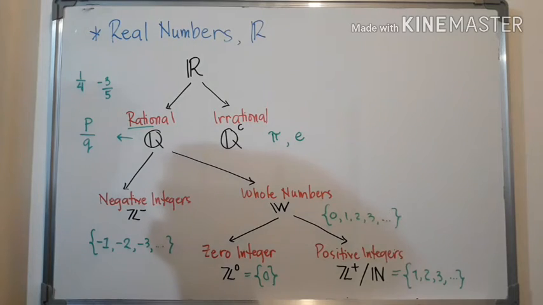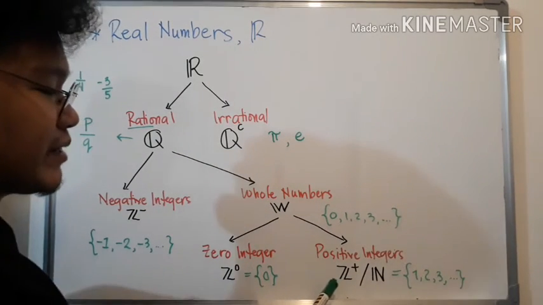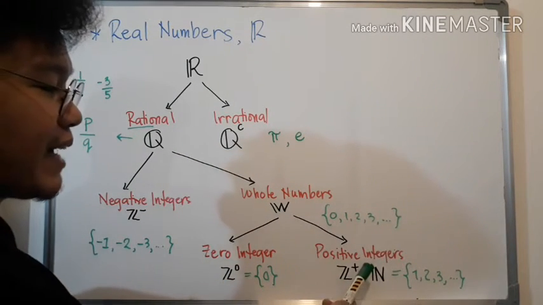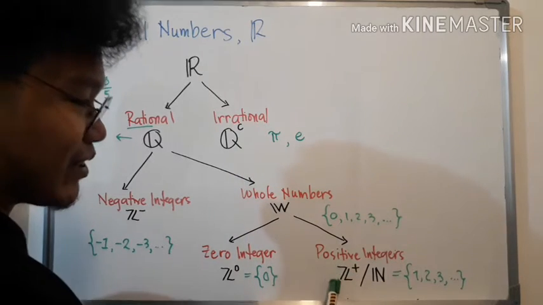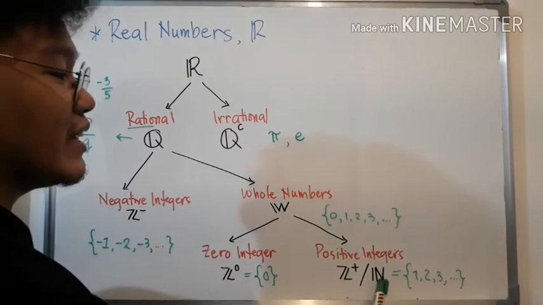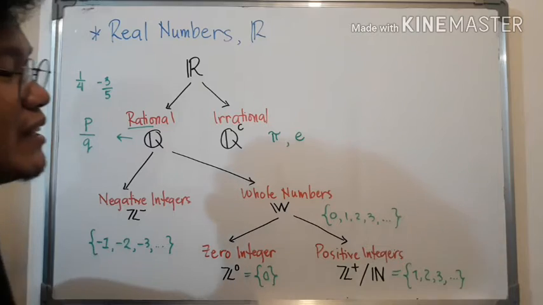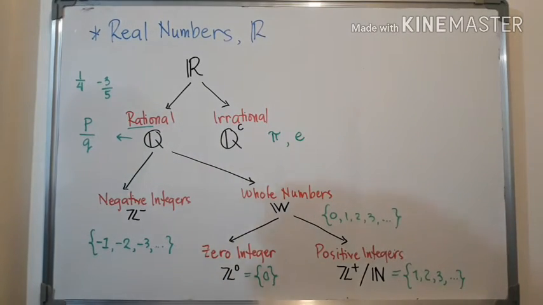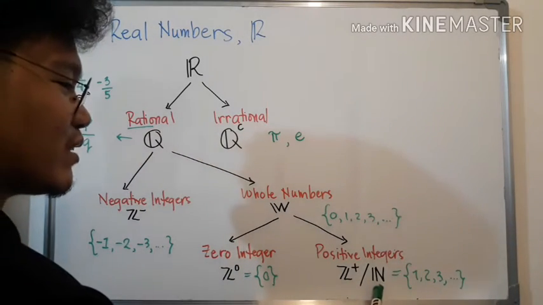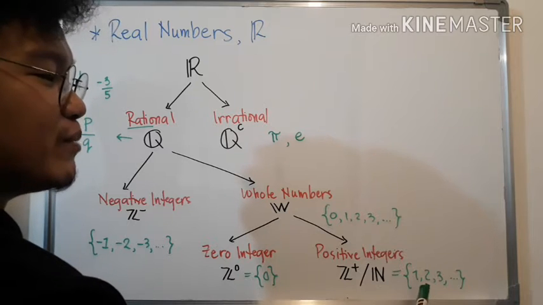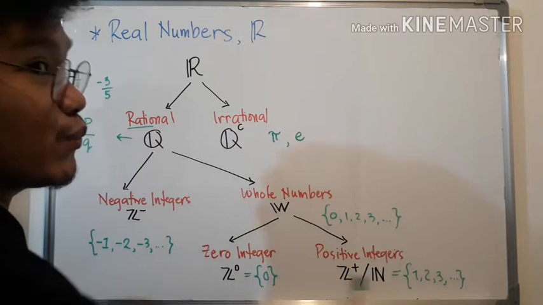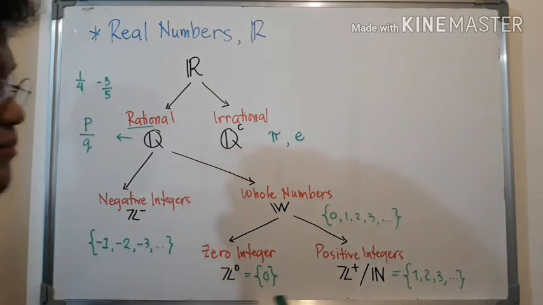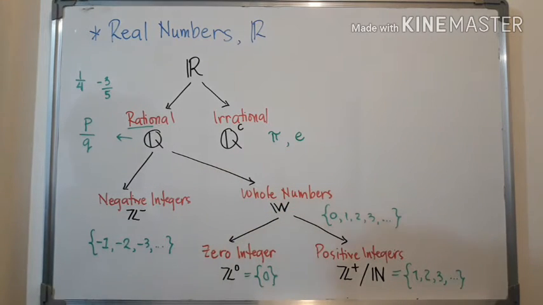So positive integers is sometimes called Z positive, the positive integers, or the set of natural numbers. We call these natural numbers because these are the numbers we use when we count, right? Natural numbers or counting numbers.